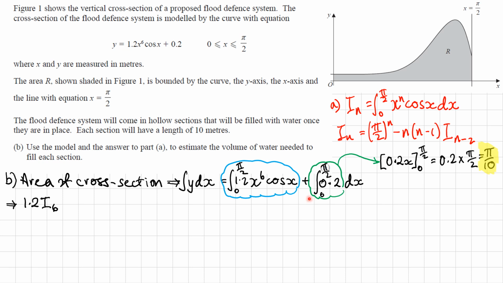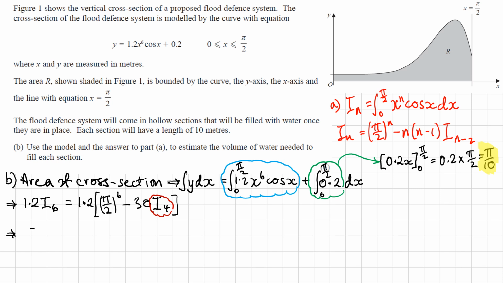And using the formula we have here, that's going to be equal to 1.2, I'll put some brackets here, and I6 is going to be pi over 2 to the power 6 minus 6 times 5, which is 30, I sub n minus 2, so I sub 4. Now we're going to work out what I sub 4 is. So that'll be my next step.